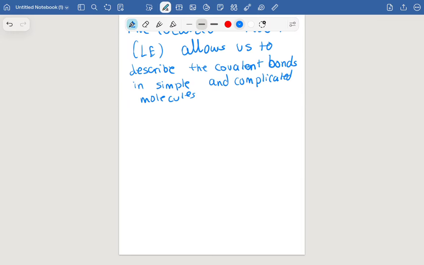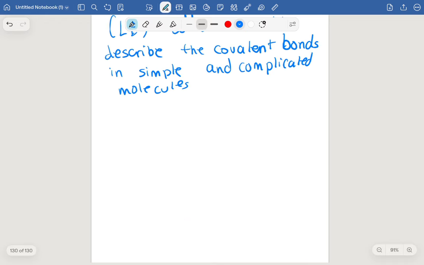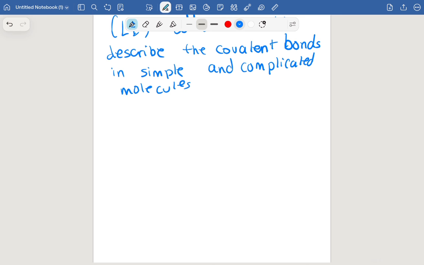It describes a molecule as a substance made up of atoms held together by shared electron pairs, either lone or bonded. So if they asked you, how does the localized electron model describe a molecule?